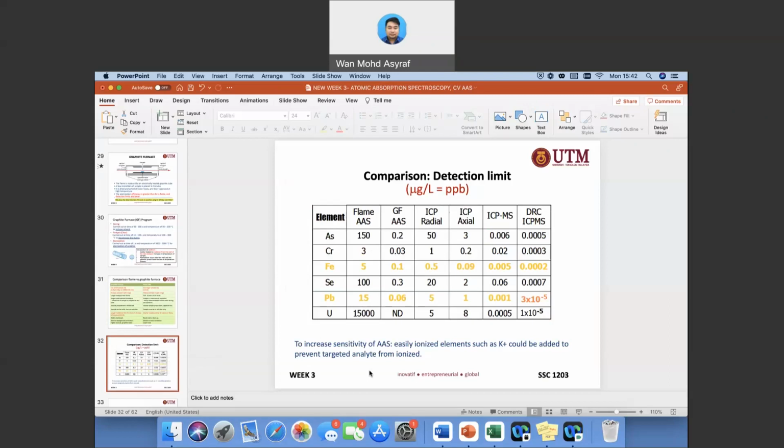So usually this is the tip for how you would increase the sensitivity of flame AAS, and not just flame, because usually the atomization process leads to ionization, which is number 7, the one that we do not desire. We want to minimize our analyte becoming an ion, so usually we would add elements such as K plus for it to become ionized first.